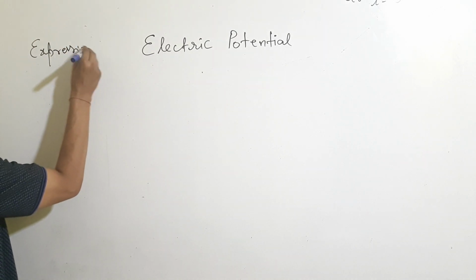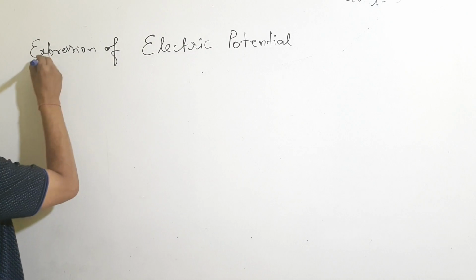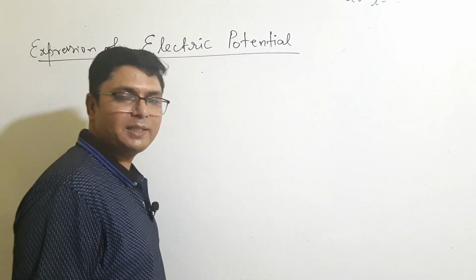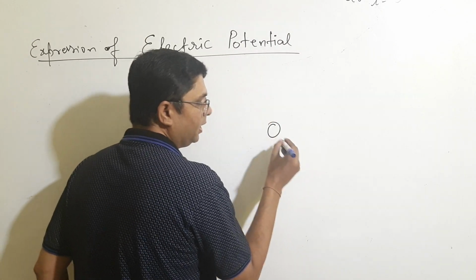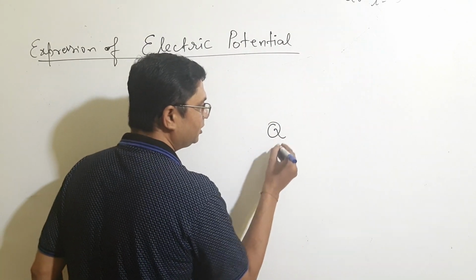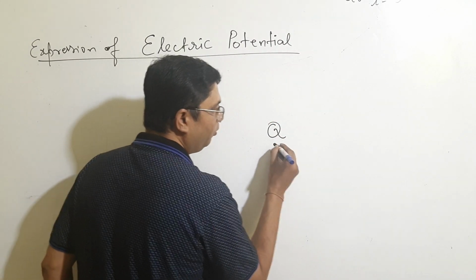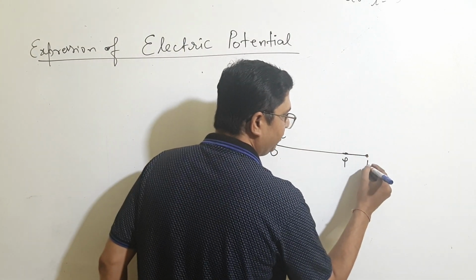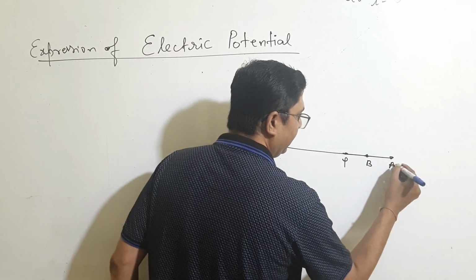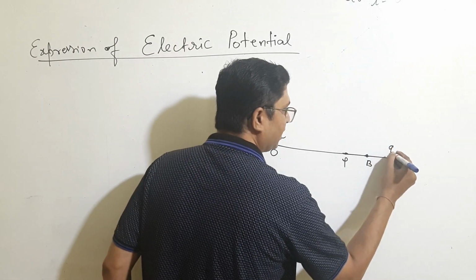Expression of electric potential. For knowing the expression of electric potential, let us have a source charge first. Source charge Q at point O, and let us take point P, point B, point A, and at point A we have a charge Q naught.